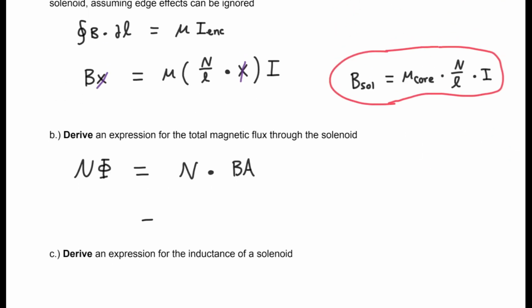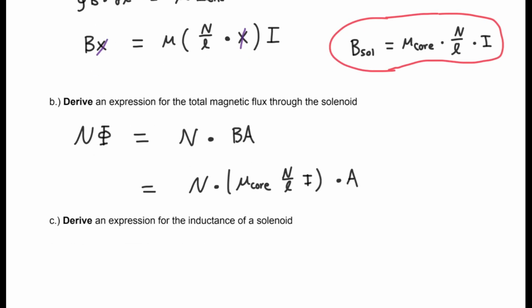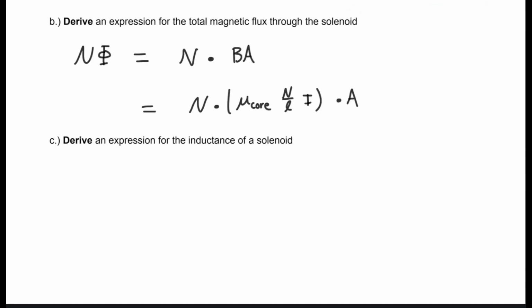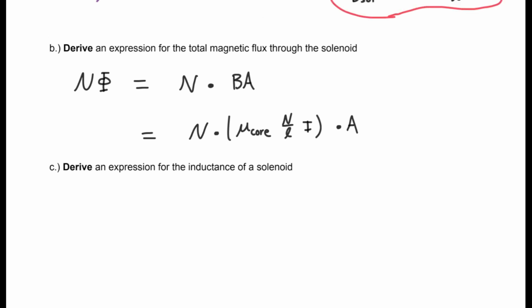Now doing a quick substitution, we get N times the magnetic field due to a solenoid, which is mu core N divided by L times I. And then we're just given the area as A. You could definitely imagine a world where each coil is a circle of radius r, and this would be a pi r squared situation.